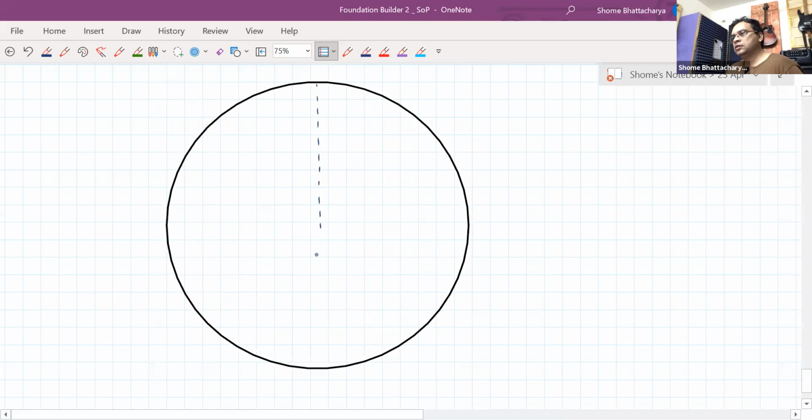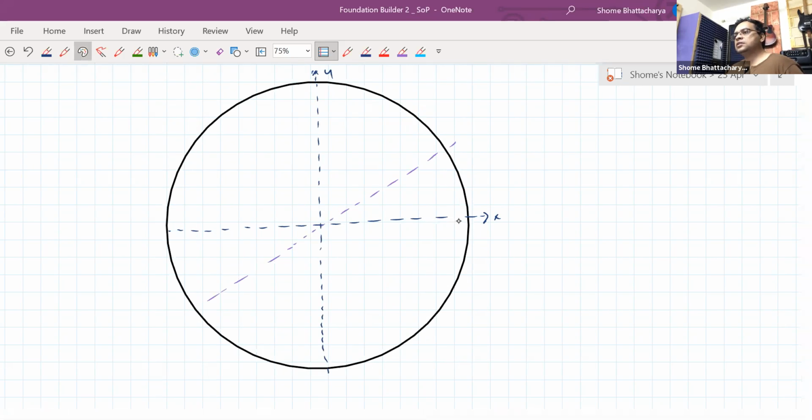These are its three mutually perpendicular diameters. Those are my x-axis, y-axis. Generally I take the y-axis upwards, in this case I've taken downwards. The z-axis was going across like this.